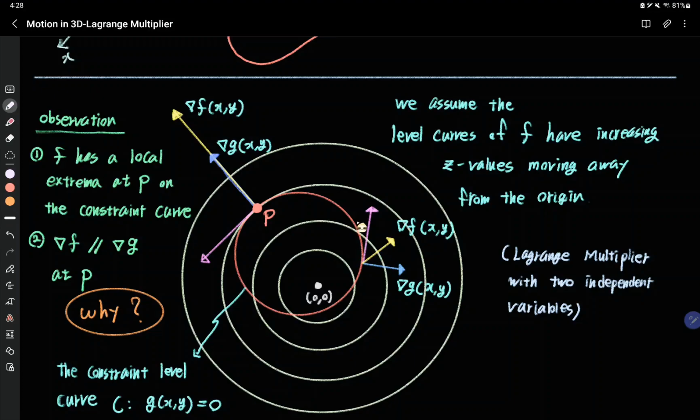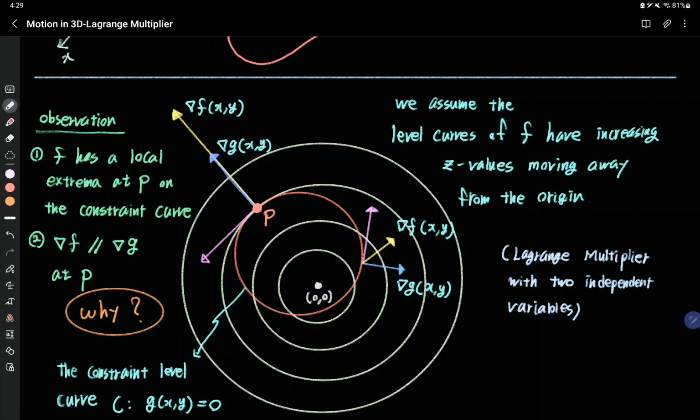And as you move to the point P right here, gradient g and gradient f are parallel because they have the same direction. Why? Because the point P is not only on the curve but also on the level curve of function f, right?